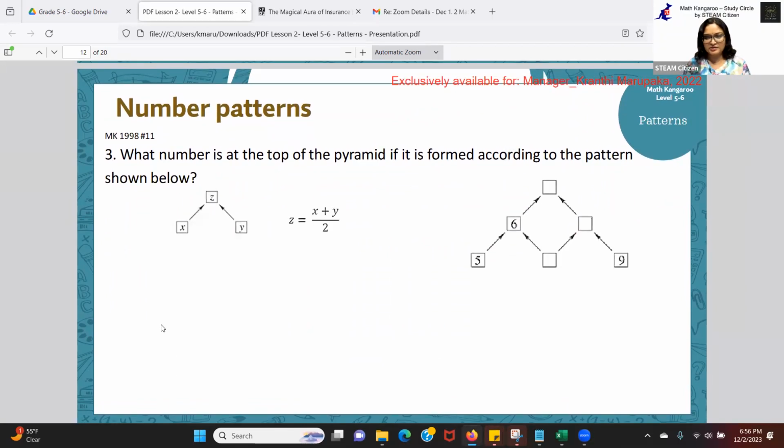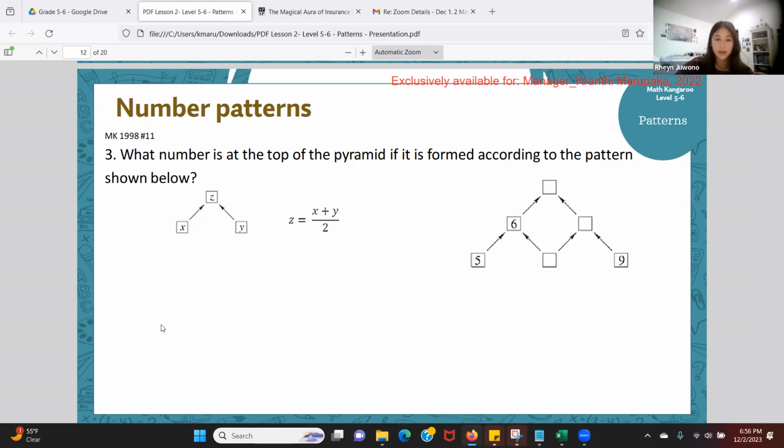Rain, would you like to take this? Sure. So they give you the pattern for this in this case. They represent it algebraically.